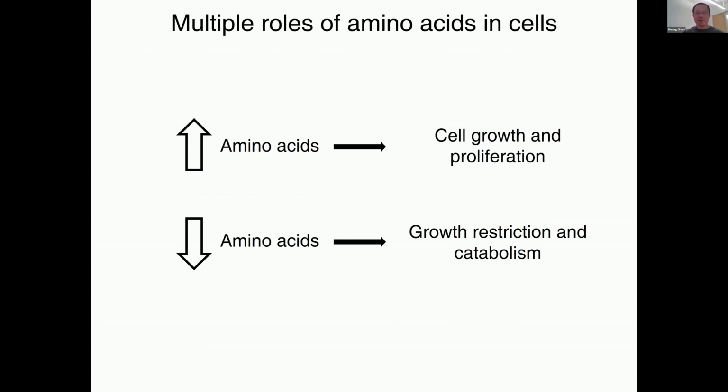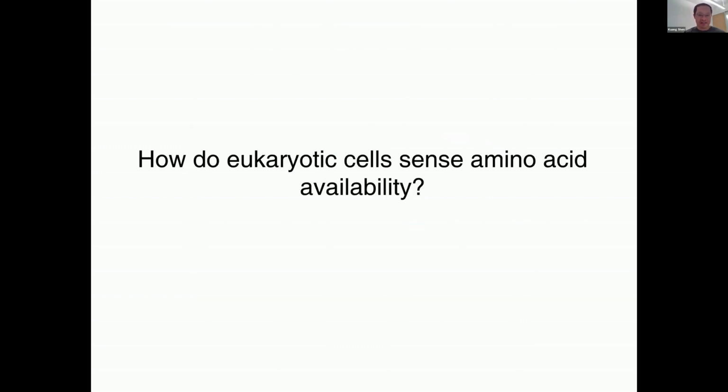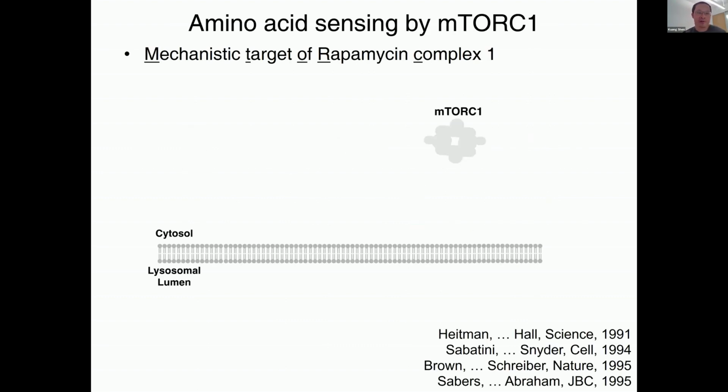So how does eukaryotic cell sense amino acid availability? It turns out the answer to this question is tightly linked to this protein kinase complex called mTORC1, or mechanistic target of rapamycin complex 1. This is the protein kinase complex. It will phosphorylate its downstream targets to carry out its function.